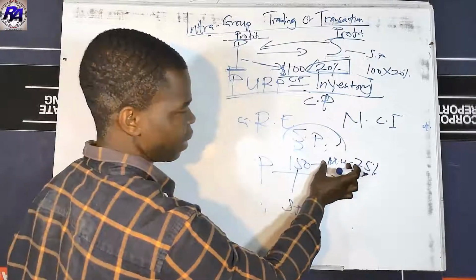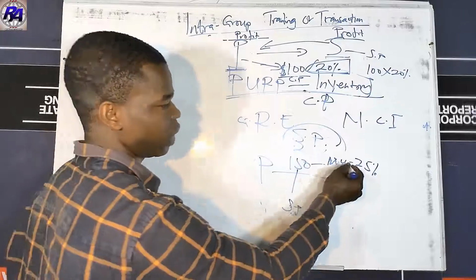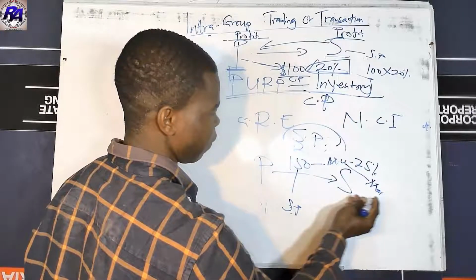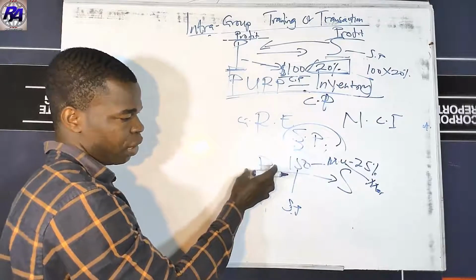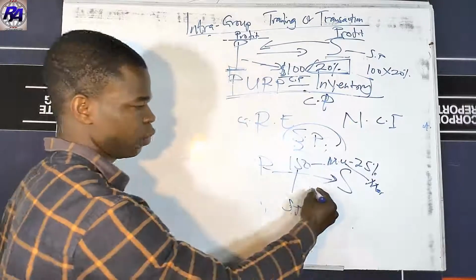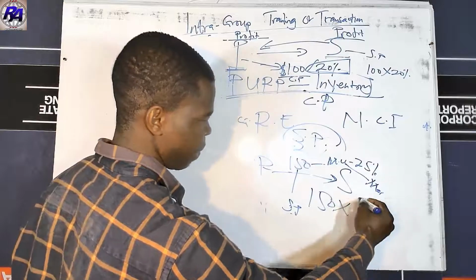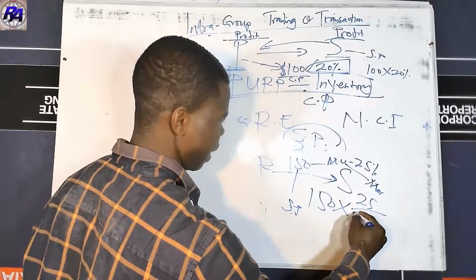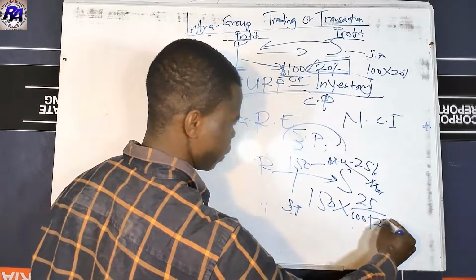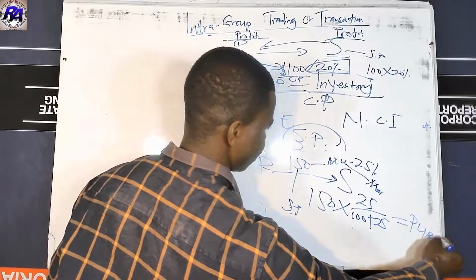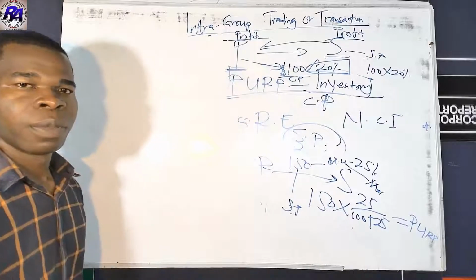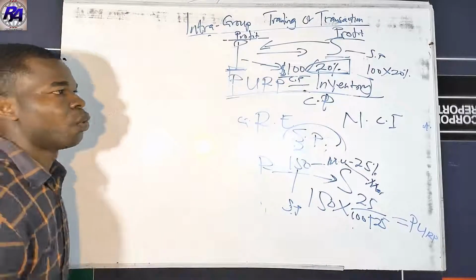But this is given to us as a markup, and therefore we need to change it to a margin before we can deal with the selling price. So it's going to be the 150 multiplied by 25% divided by 100 plus the 25. This will give you the unrealized profit to be charged. So this is how to compute the unrealized profit.